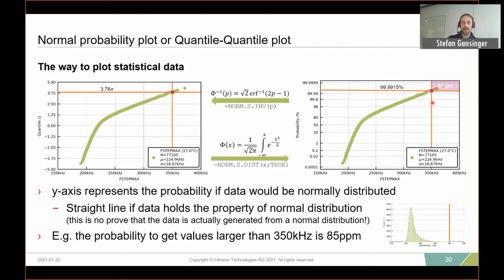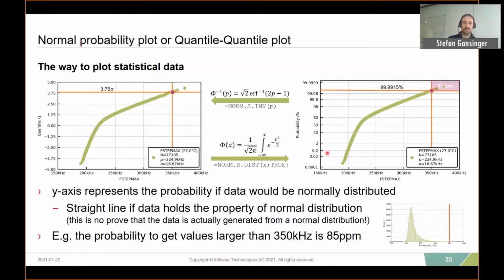Then we look at where the data points cross the limit line and read off the y-axis. So we see that 85 ppm are outside of this limit line. This means for this circuit, we would have a yield loss of 85 ppm, or a yield of 99.9915%. So from this graph, this can be read very easily.